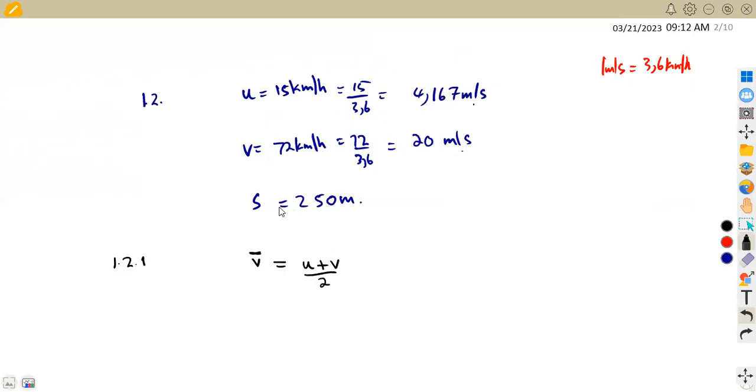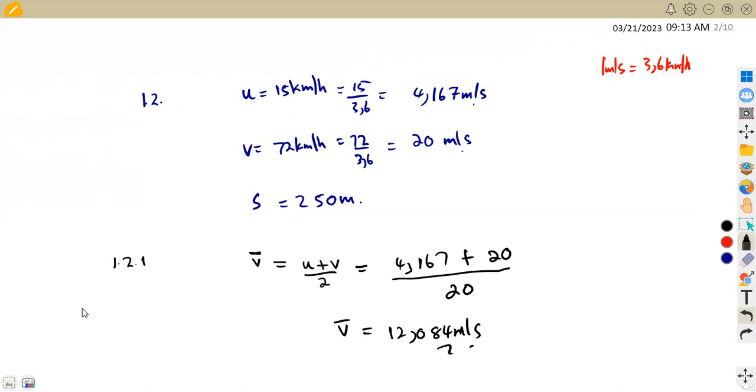So that is 4.167 plus V, which is 20, everything over 2. Make sure that you apply your calculator properly. You're going to obtain something like 12.084 meters per second. So that is our average velocity.